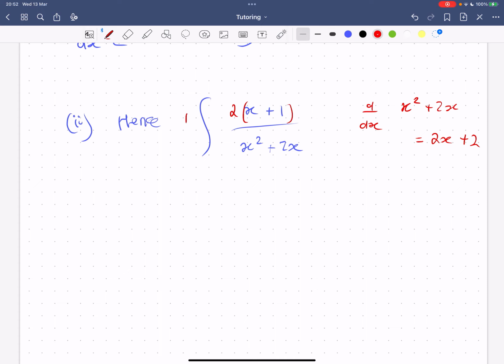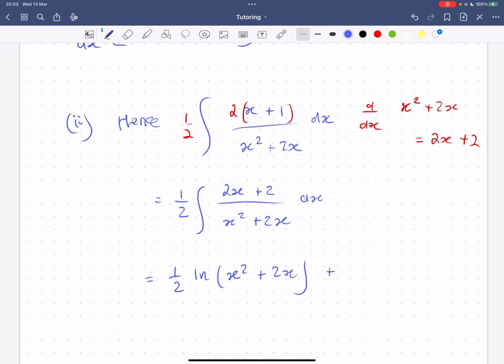So to do that, I need to divide by a half, or times by a half. So that gets me the integral of (2x plus 2) on (x squared plus 2x) dx, and we've got a half out the front. Now that's in the natural logarithm form. A half ln of (x squared plus 2x).